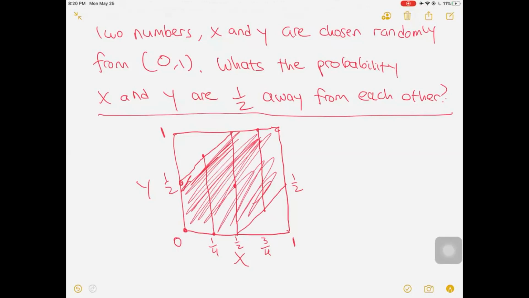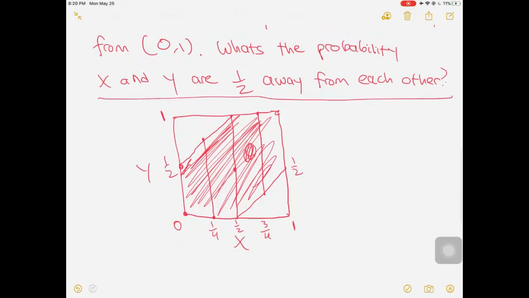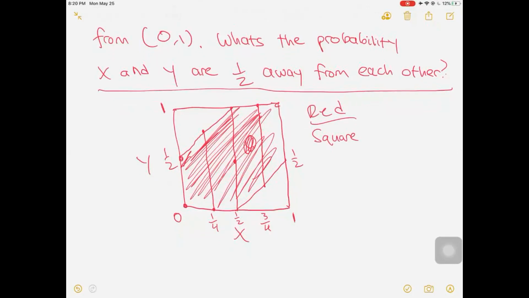So again, we just want to find the area of the red region divided by the area of the larger square. The area of the larger square is 1 squared, so it's just 1.